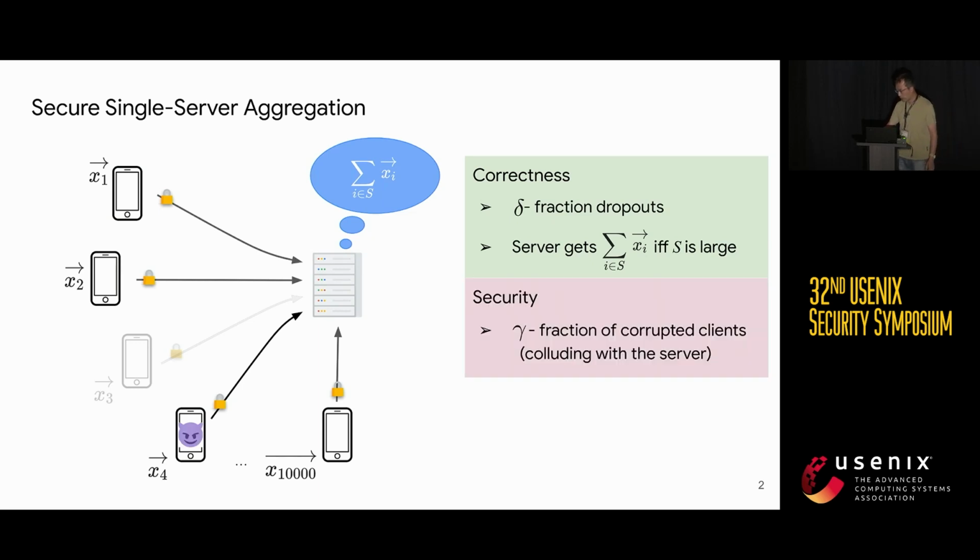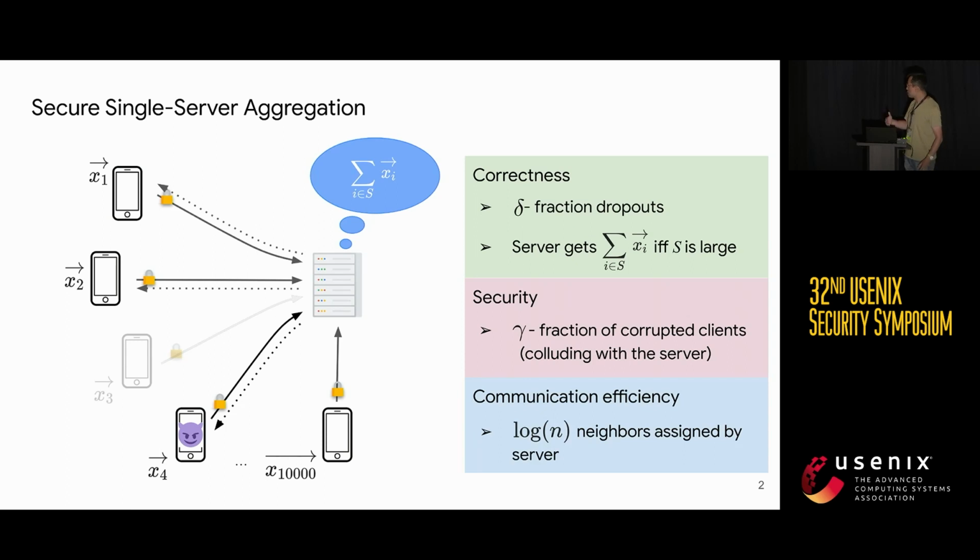Most importantly, we want to protect user security, even if there is a small percentage of colluding, corrupted clients, all colluding with the server. We want to make sure the protocol still protects individual users' input.